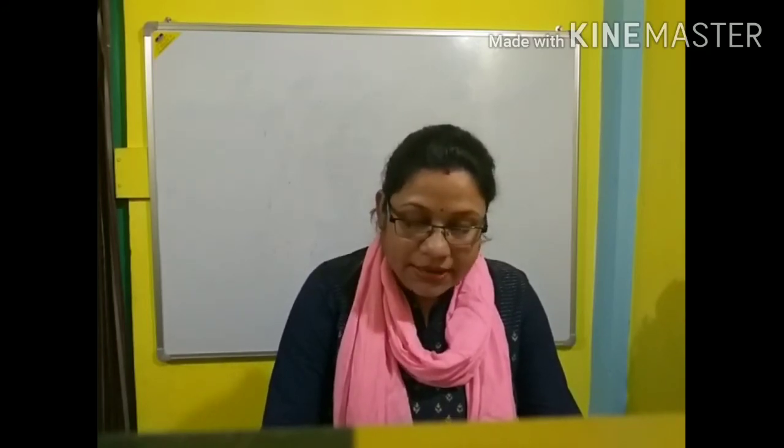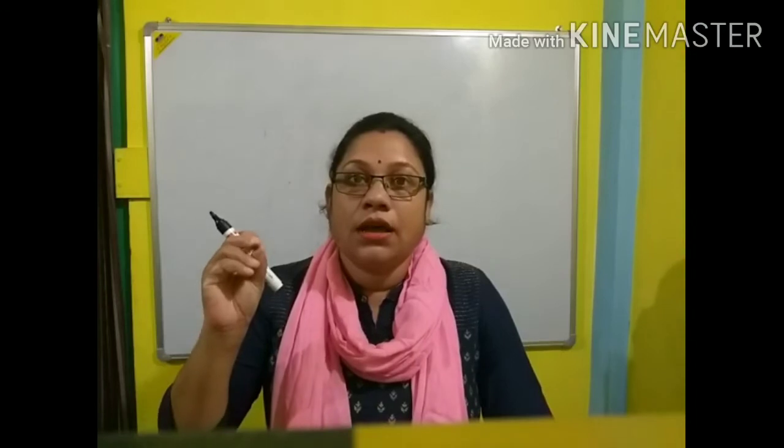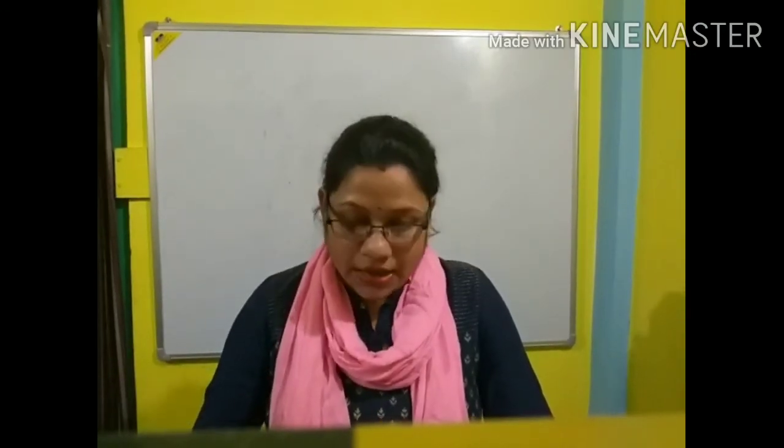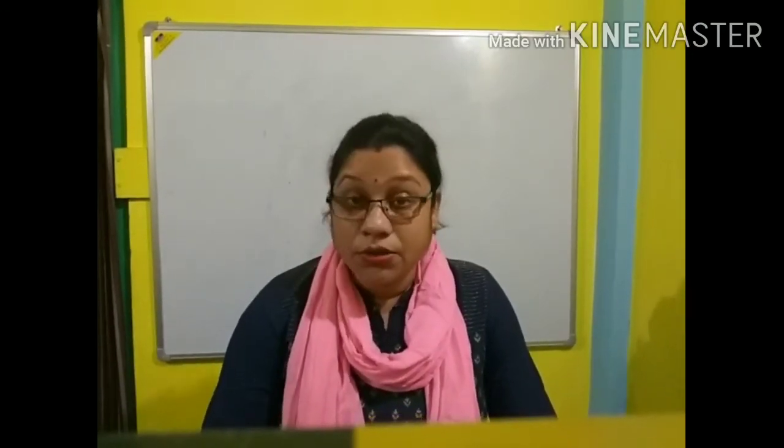The second one is, it should not be a reserved word. There are some reserved words, also known as keywords, whose meanings are already defined for the computer. So you cannot use them as a variable name.